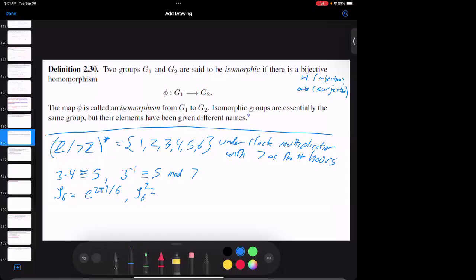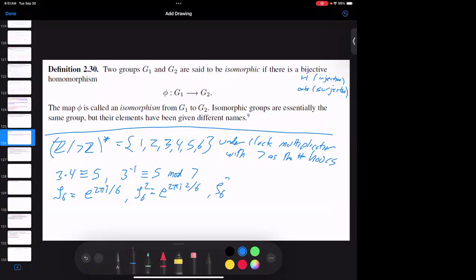That'll just be e to the 2 pi i, and I'm going to write it as 2 over 6. Zeta 6 cubed is going to be e to the 2 pi i 3 over 6. And what's zeta 6 to the 6th going to be? So if I raise e to the 2 pi i over 6 to the 6th power, what do I get? e to the 2 pi i.